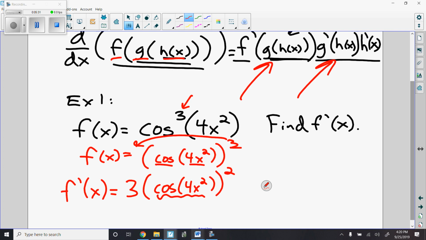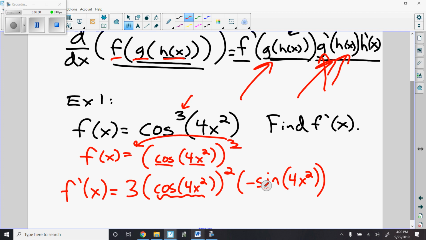Well, if I just gave you this problem, cosine of 4x squared, you could do that right now. Right? That derivative would be, I'm going to multiply by negative sine of 4x squared. So this is like my g prime of h of x. The derivative of cosine is negative sine, but it's with respect to that inside of 4x squared.